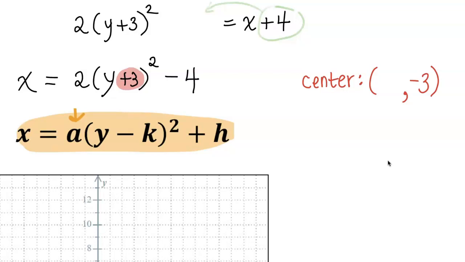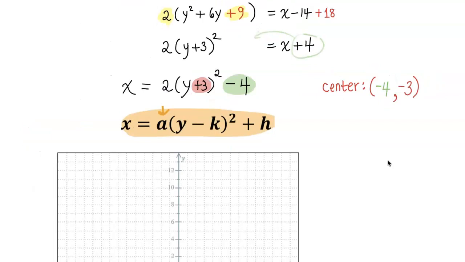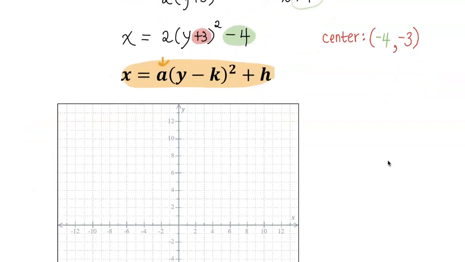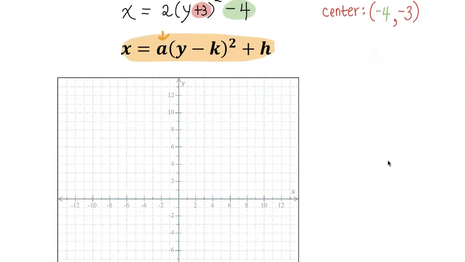Now, I just need to read the x coordinate of the vertex, and you notice that we got negative 4 there, and that is the h value. So the center is at negative 4, negative 3. Let's plot that. So go 4 to the left and down 3. What I'm going to do is sketch a dotted horizontal line at y equals negative 3, because we're going to have the axis of symmetry right there.